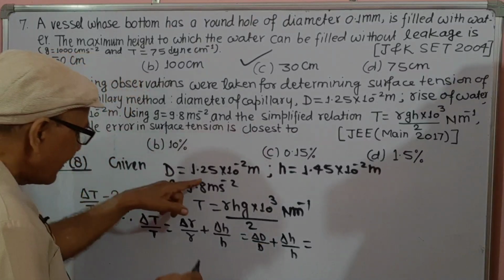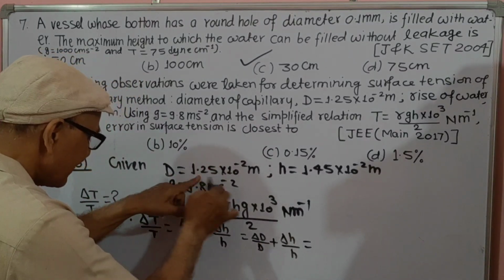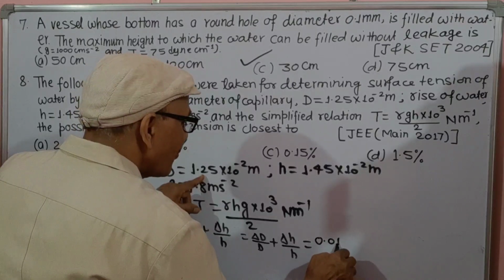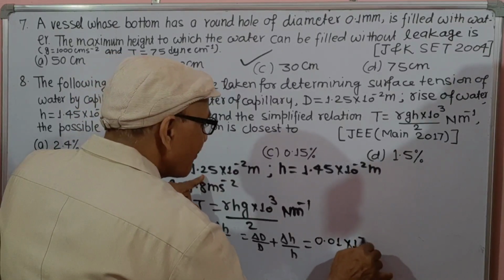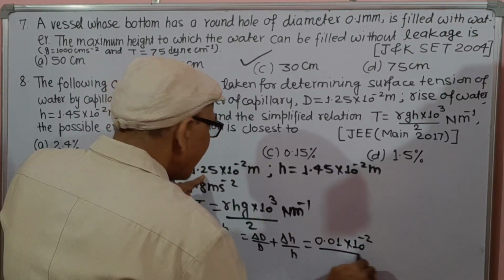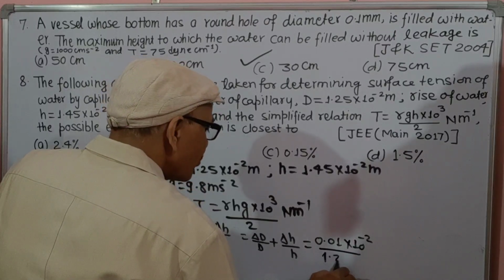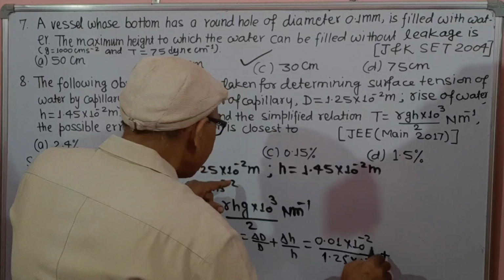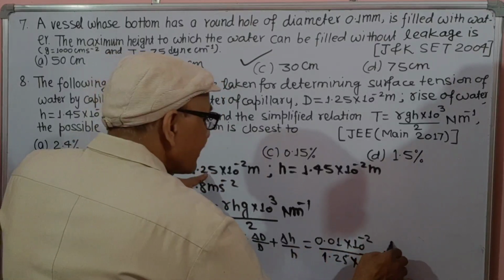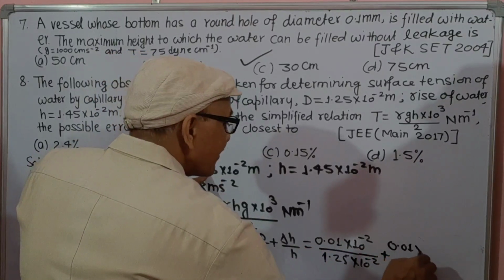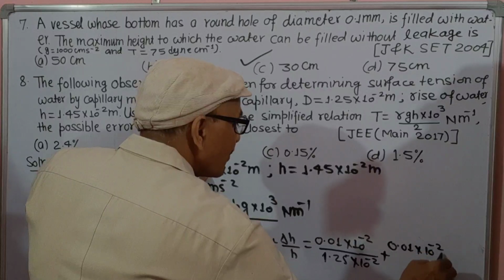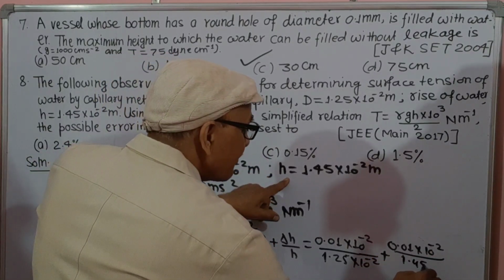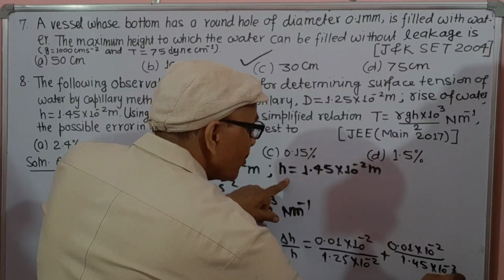So, delta D is the least count, which is 0.01 into 10 to power minus 2, and D is 1.25 into 10 to the minus 2. Similarly, delta H is 0.01 into 10 to the minus 2 upon H is 1.45 into 10 to the minus 2.